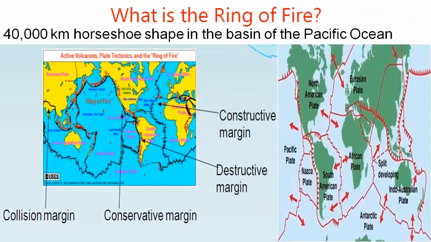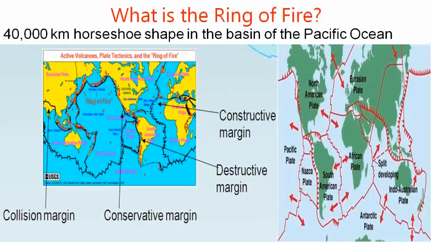Because of the steady state of collision, there is always volcanic activity, and already I have told you that this is the region of island arcs, the Japanese island arc, the Philippines island arc. So this region being the island arc, that means this is the region of the steady state of collision between the various plates. That is why there are always volcanoes. And I have already told you, when two oceanic plates converge, we have a steady state of volcanoes.